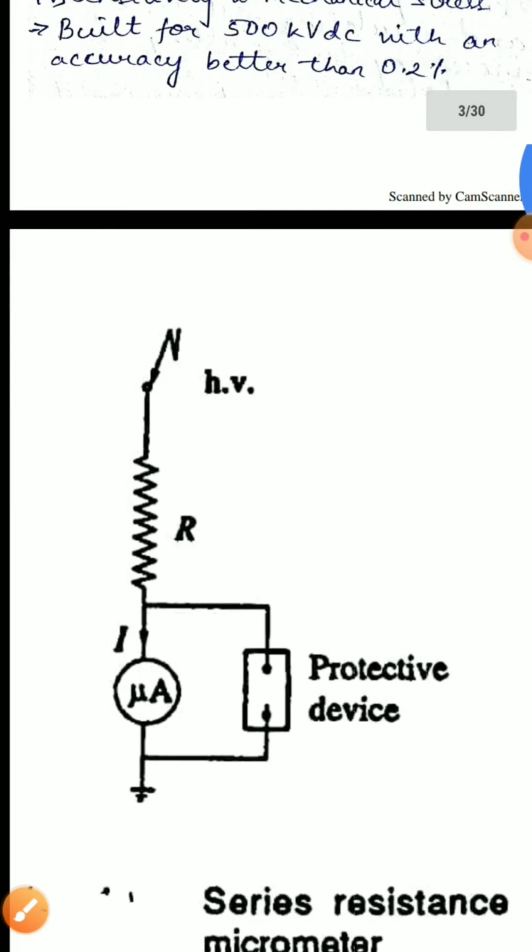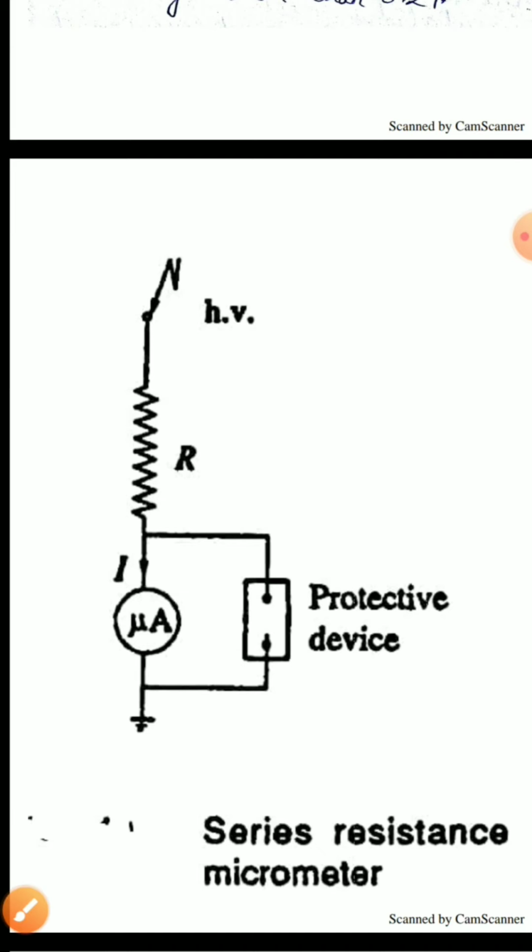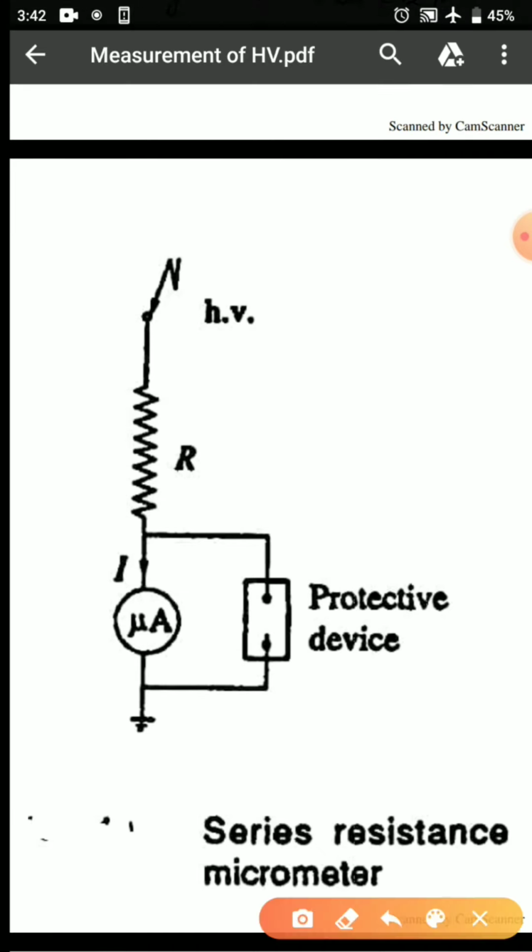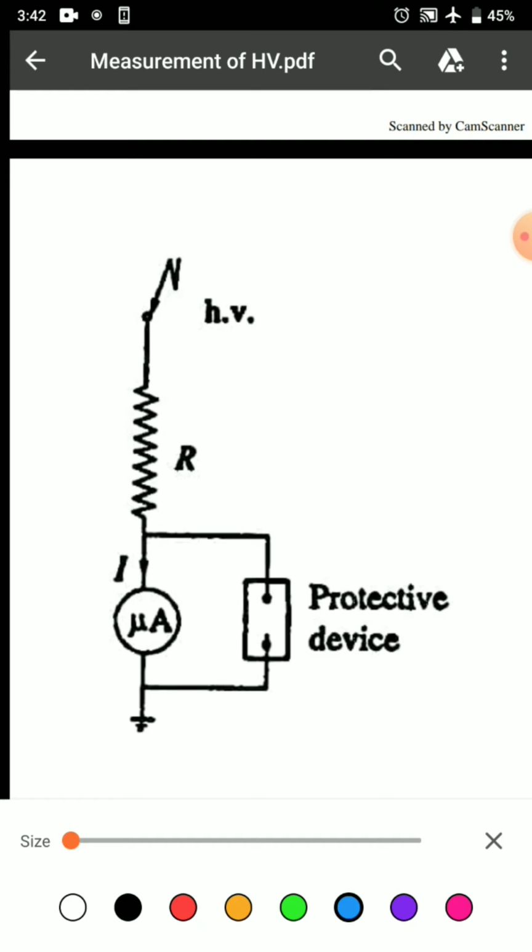Let us go through the circuit setup of a series resistance microammeter. The resistance is of carbon alloy with temperature coefficient of 10 to the power minus 4 per degree Celsius, and is constructed from a large number of wire wound resistors in series provided with corona free terminals. Voltage drop in each element is chosen to avoid surface flashover or discharges.